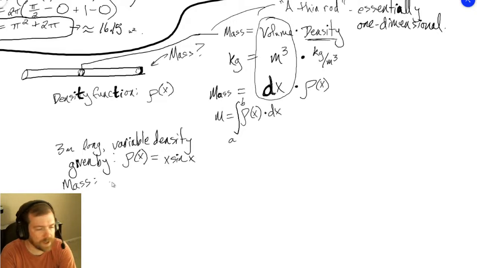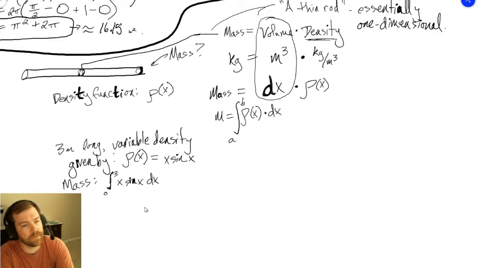So the mass here is going to be given by the integral from 0 to 3 of x sin x dx. Then here we're going to need to use integration by parts again to solve this integral.